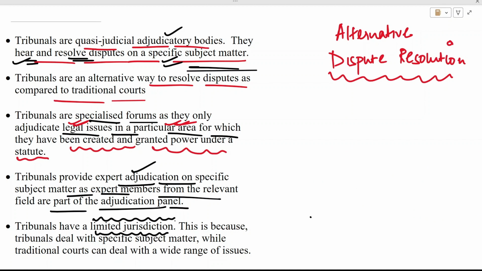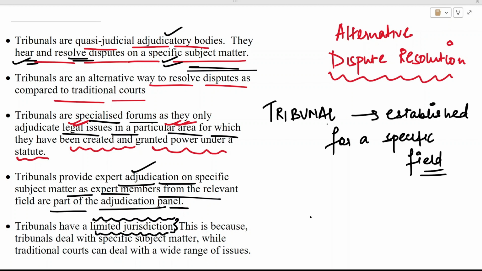Now, if you apply your mind, we have just discussed that every tribunal is established for a specific purpose. So, Consumer Redressal Commission for Consumer Affairs, NGT, National Green Tribunal for Environmental Affairs. We have an Income Tax Appellate Tribunal, which is for income tax related affairs. Different tribunals are for specific purposes. So now, can matters related to contract law come to the National Green Tribunal?